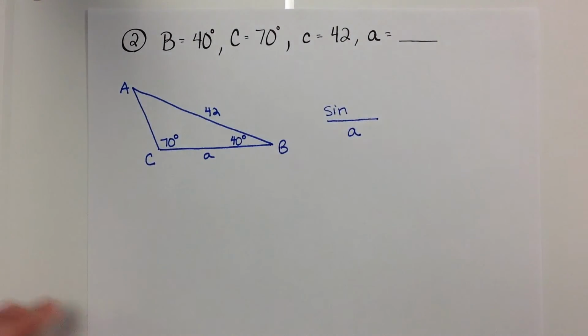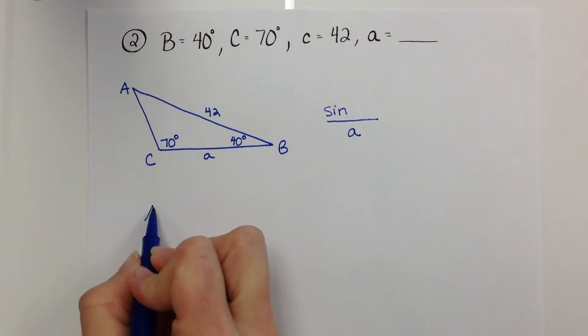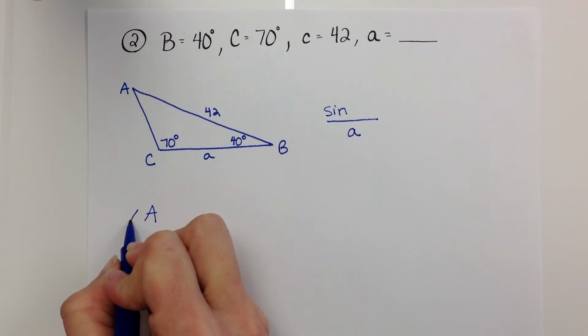But if you know two angles, then you can find the third one, because you've got a total of 180 degrees in a triangle. So just do 180 minus 40 minus 70. Of course, that's something you could do in your calculator.